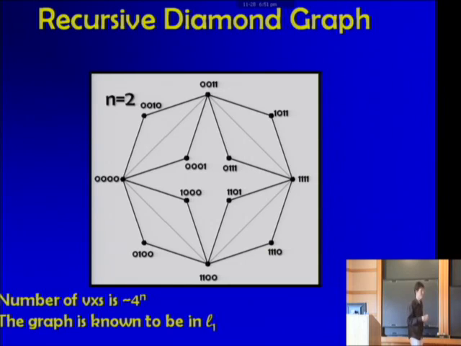Is it a tree metric? It's an L1 metric. It's a subset of the cube, of the four-dimensional cube. In general, when you do n recursions, it's going to be 2 to the n dimensional, right?